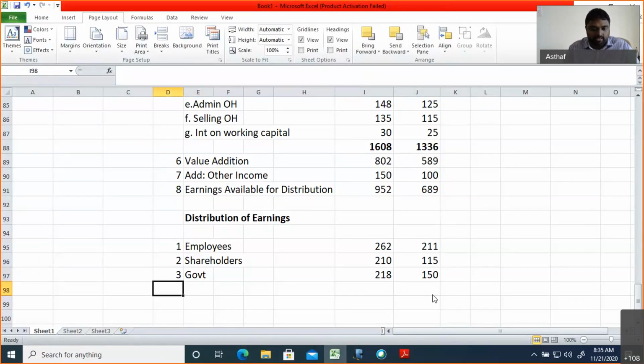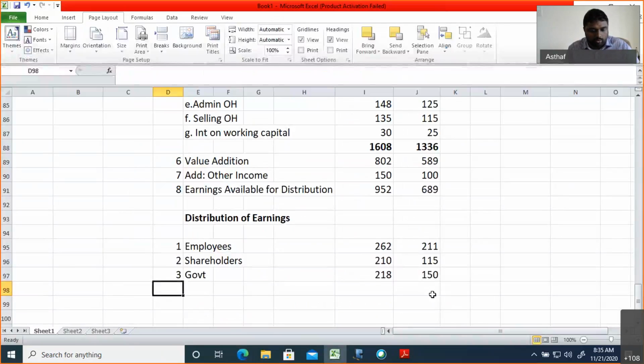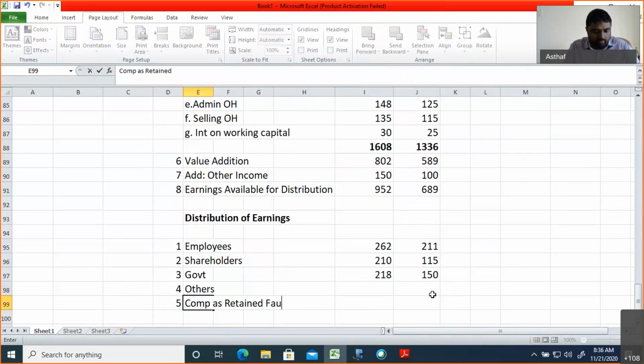Now, next, what is the next? Others, or company as retained fund. Retained fund. So these others will come as interest.